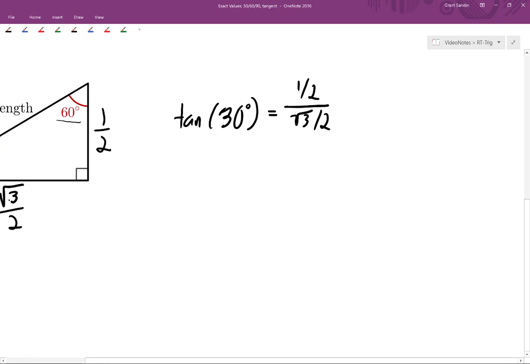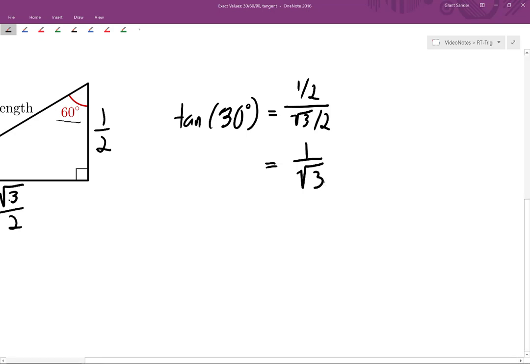So in this case, 1/2 divided by square root of 3 divided by 2 ends up being equal to 1 divided by the square root of 3, based on the properties of fractions. So we can say tangent of 30 degrees is equal to 1 divided by the square root of 3.